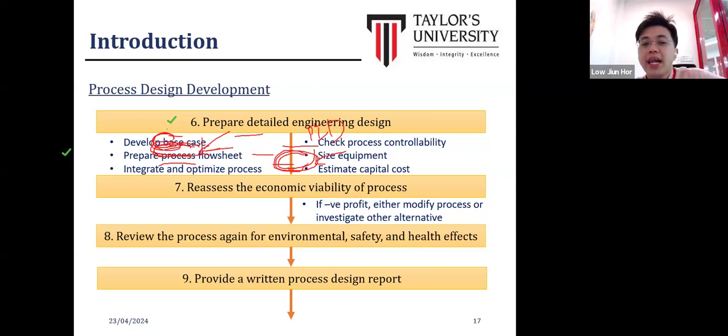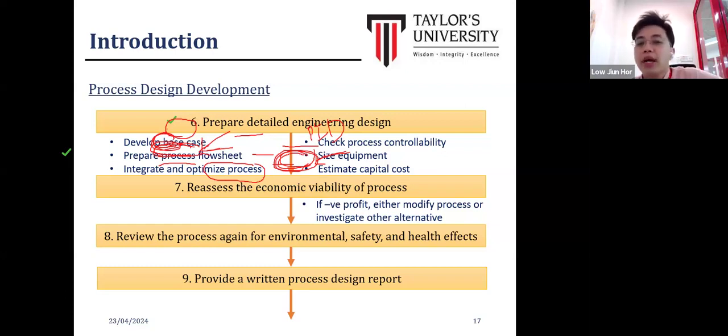If let's say later in our calculation we have any problem with our profit, then what we need to do is go back to step number 6 here to see if there is any possible amendment we can make in our process flow sheet in order to make sure our chemical plant can generate money for us.